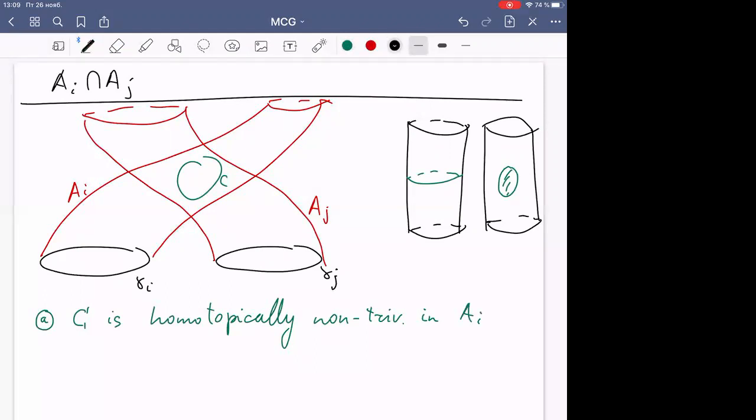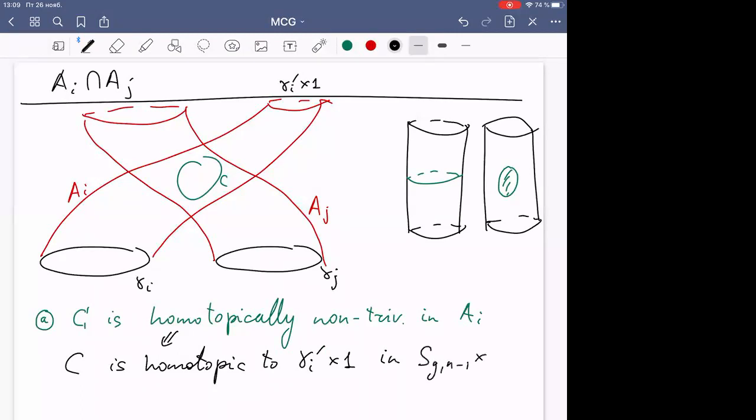Okay, but now look, what does it mean? This means that C is homotopic to gamma I prime times 1 in this surface times I. It is homotopic to this curve just in the cylinder.